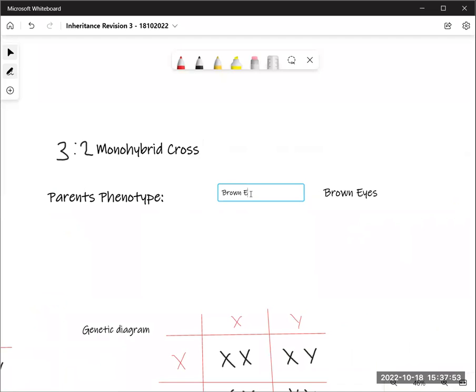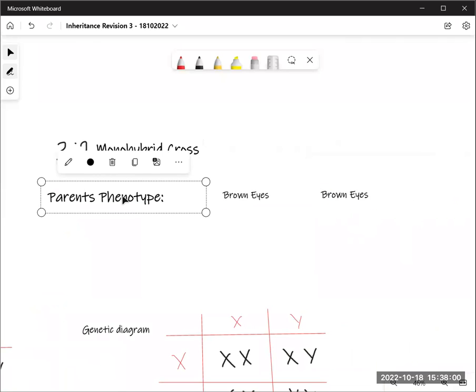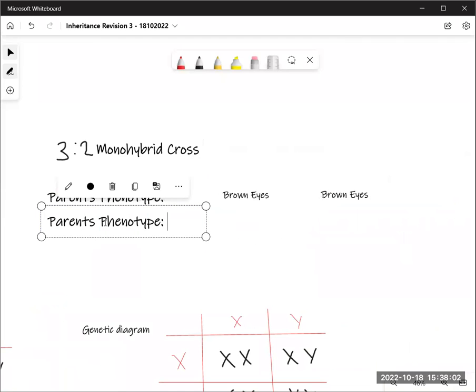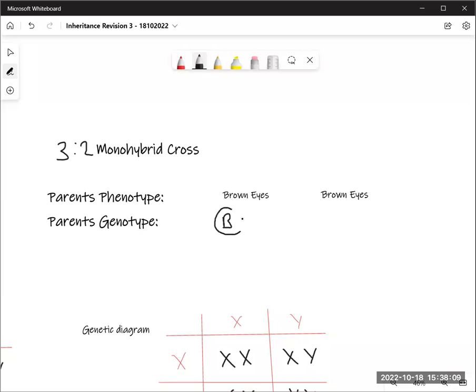So both of the parents have the same type of eyes, or the phenotype. Phenotype is the physical characteristic. Now the genotype are the genes which cause these phenotypes. Let's say the genotypes are capital B, small b, capital B, small b.